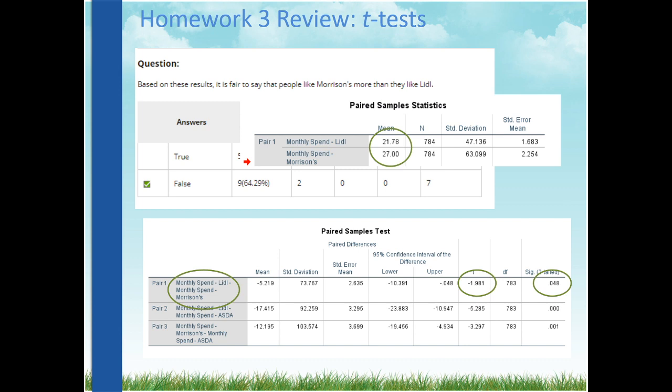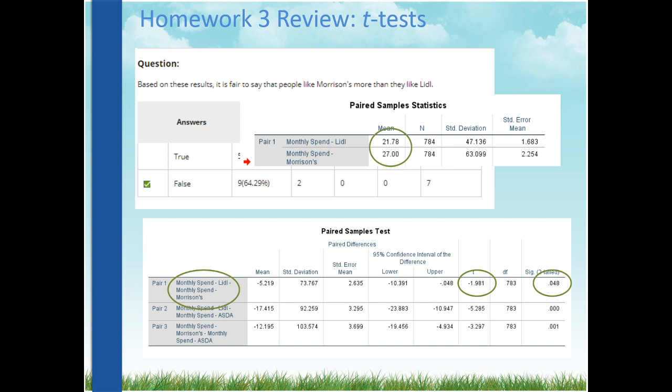Now, there is a rationale you could say for saying false. If you look under here, the top of the ones that are circled, the paired sample statistics with the mean, yes, it is fair to say that people spend more money every month at Morrison's than they do at Lidl. So the £27 on average versus £21.78p, of course that's more.